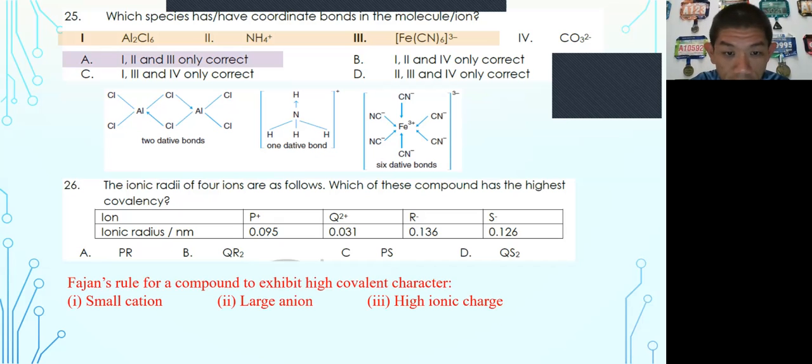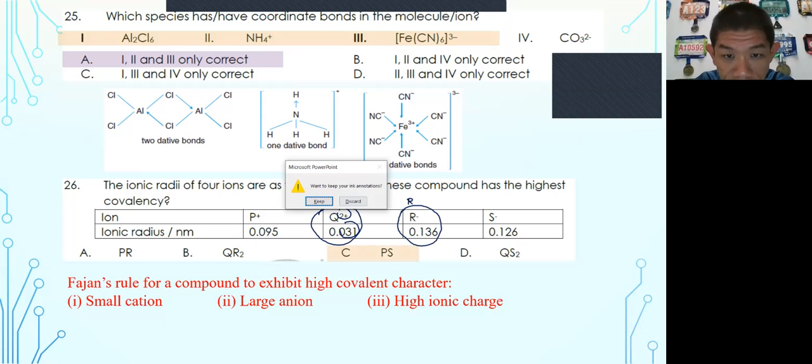In here, you have a greater charge and smaller ions, so you must have Q, and larger ionic radius is R. So the one that has the highest covalent characteristic in here will be Q and R. Sorry, I highlighted the wrong answer, so the best answer is B.